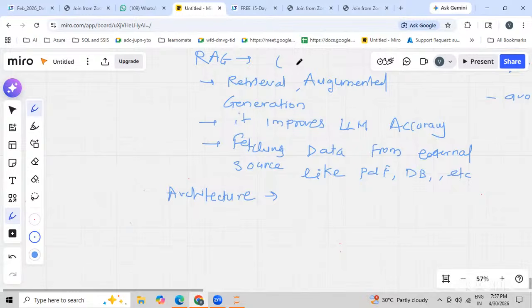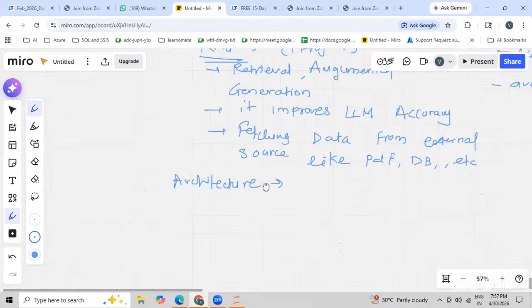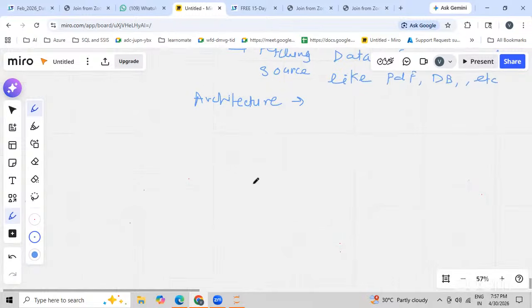If you join our regular session, I am going to take one project on this RAG in detail. We will see practically how RAG is implemented and how Gen AI will use it, meaning how in the application we will use some documentation. Then I will show you practically how RAG is useful in the AI part. Now we will see the architecture, how exactly it works, so you will get some idea.